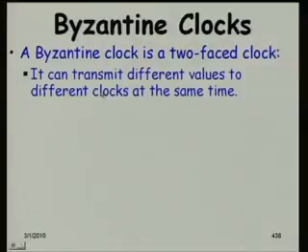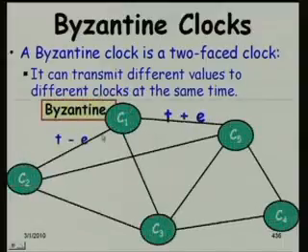So, a Byzantine clock transmits different values to different clocks at the same time. See here C1 is a Byzantine clock and it is transmitting some t plus e to C5 and t minus e to C2. See, if e was large enough, let us say t is the time at C5, if e was large then C5 would have eliminated that, but it is an acceptable time value within the bound.